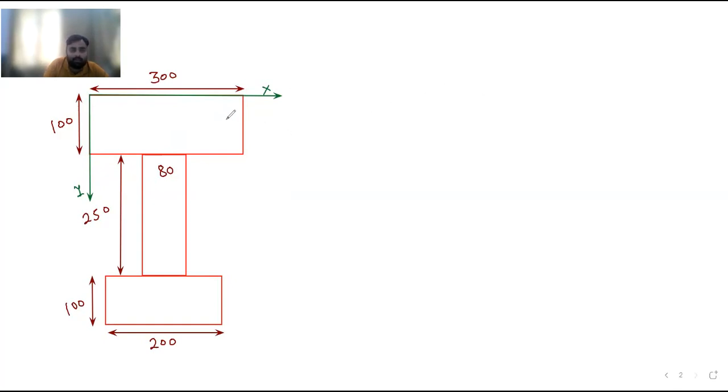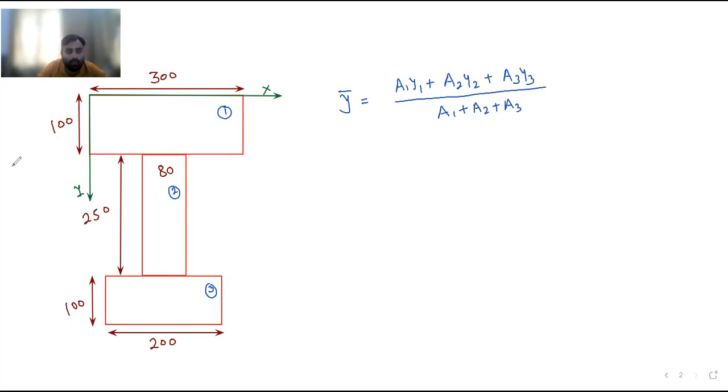Let us say that this is my area 1, this is area 2, this is area 3. So y bar from top we will calculate. You know the formula for y bar. Y bar is equal to what? It is a1 y1 plus a2 y2 plus a3 y3 divided by a1 plus a2 plus a3. In this way we will get the value of y bar.